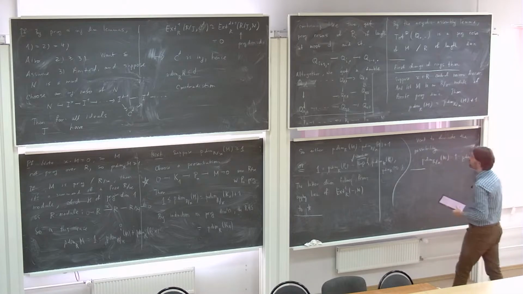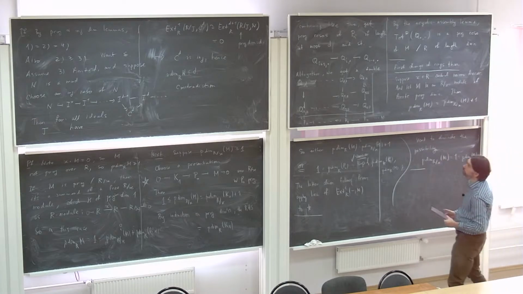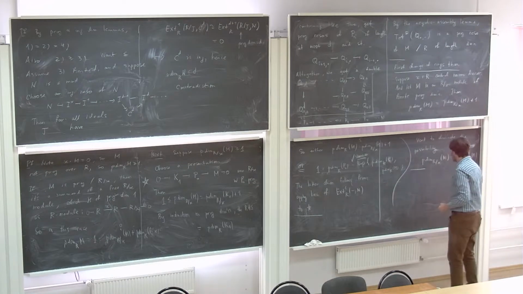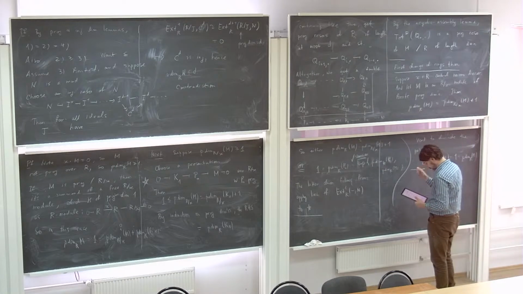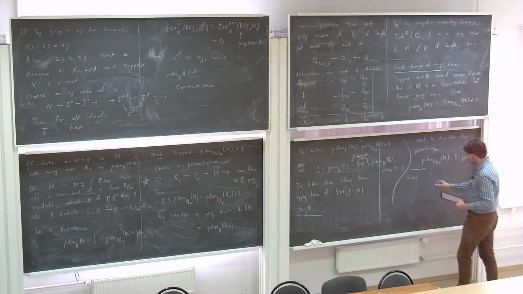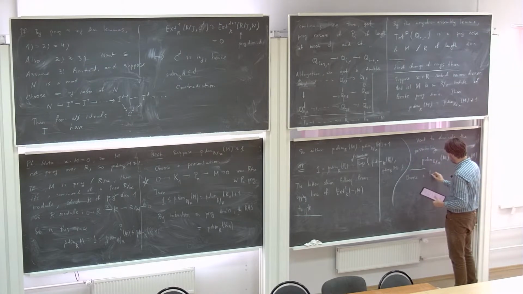So the argument is as follows. I think actually the thing I may be confused about is the direction of the original inequality. No, that's correct. Okay. So how do we do this? So let's choose, free is not so important, but let's choose a free module. It could be projective.